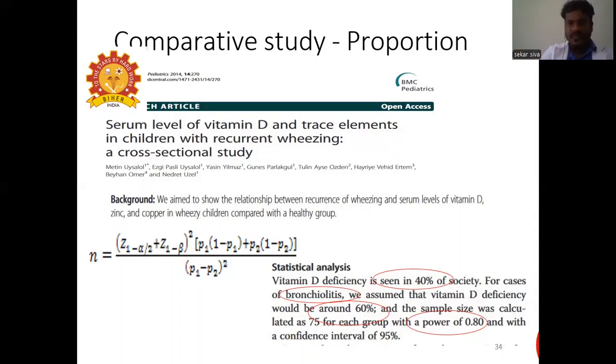Vitamin D deficiency is in 40% of society. For cases, we assume vitamin D deficiency around 60%. Sample size was calculated as 70 for each group, with power 80% and confidence interval of 95%. Okay. The sample sizes.